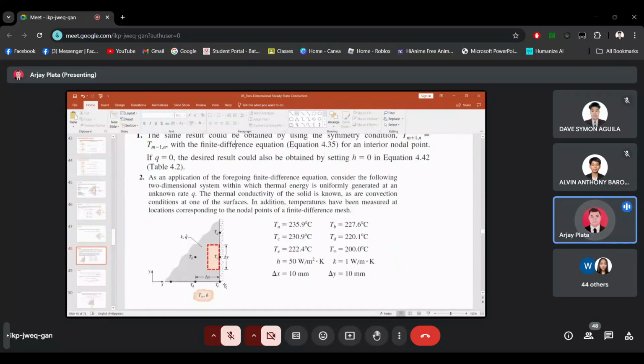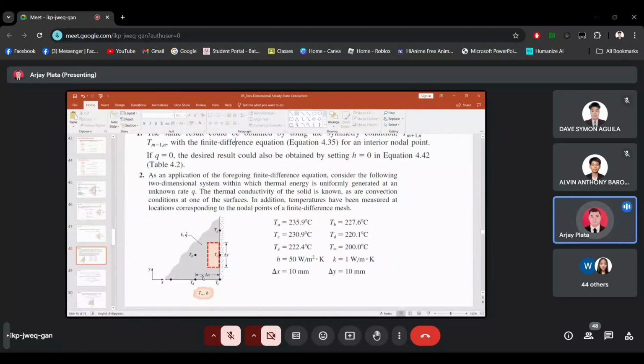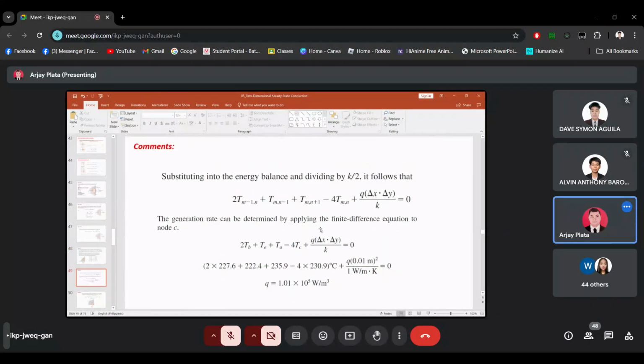We also have T infinity, which means there is a moving fluid here, so you will add convection heat transfer into the equation.